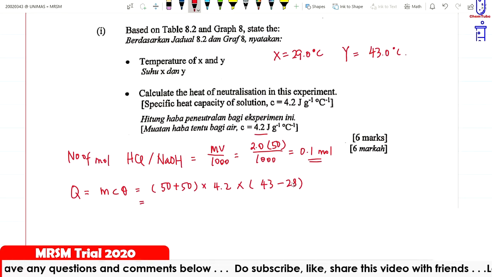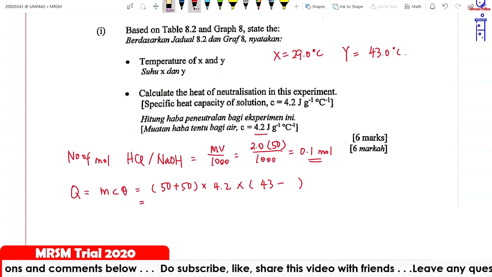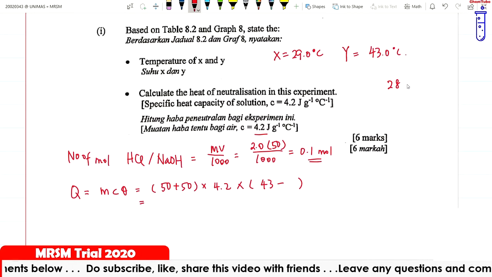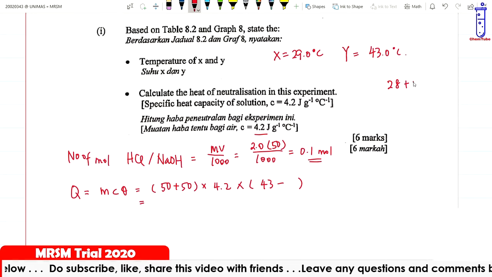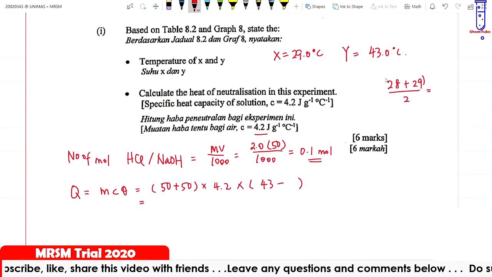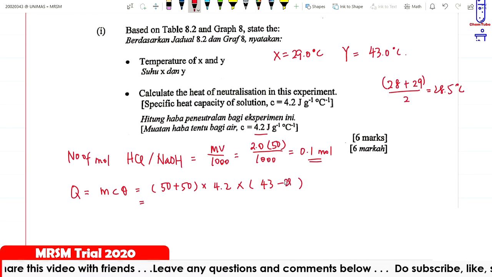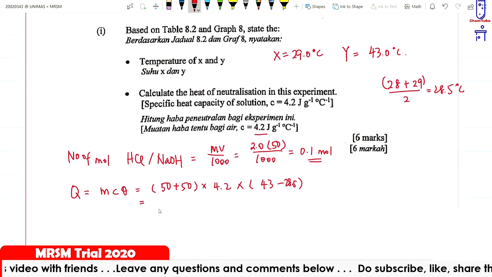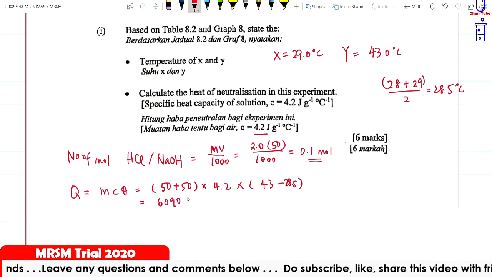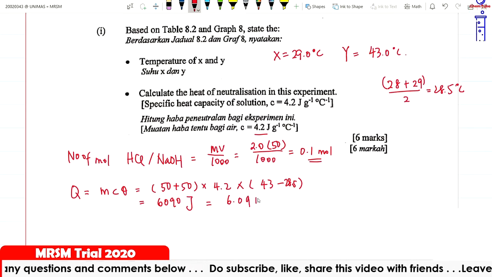Sorry, here the initial temperature for the acid is 29, for the alkali it is 28. So 28 plus 29 over 2, you get 28.5 degrees Celsius. Using your calculator, you get the value 6090 joule, or you can change to kilojoule, 6.09 kilojoule.